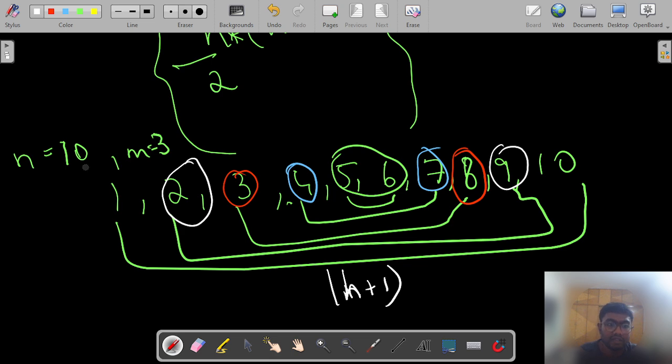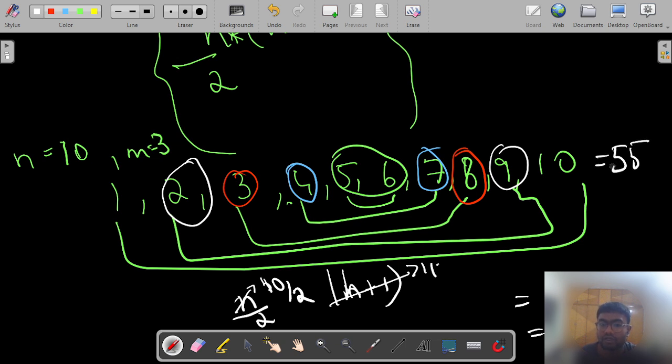So n is 10, and any pair that we are taking here is 10 plus 1, which is 11, and there are n by 2 such pairs. Here that is 10 by 2, which would be 5, and 5 into 11 is our sum. So if we add it up manually also, it comes to 55.